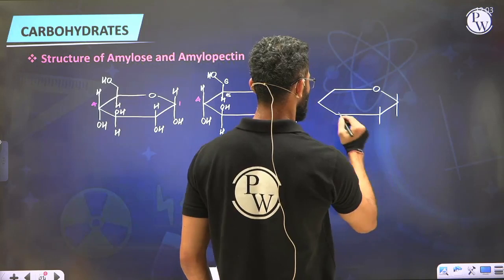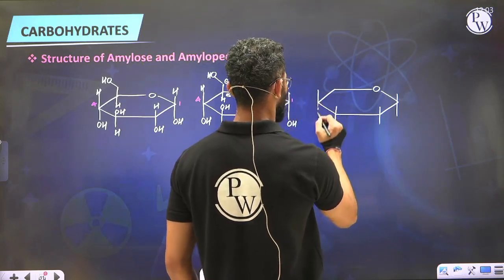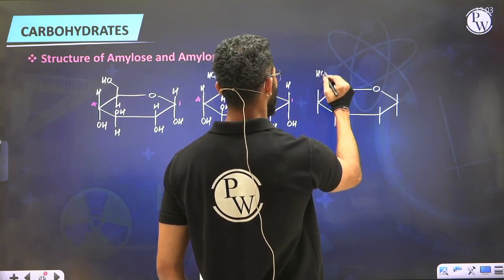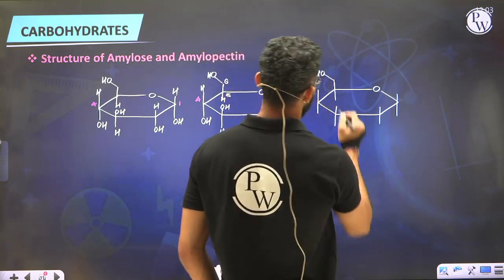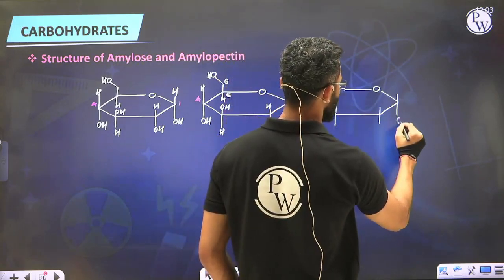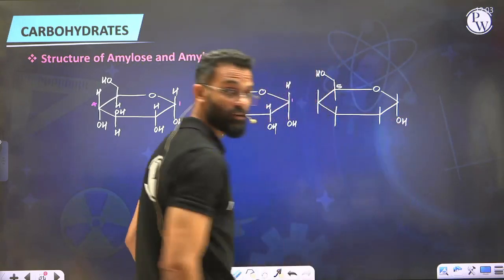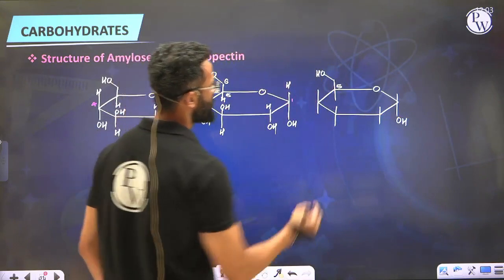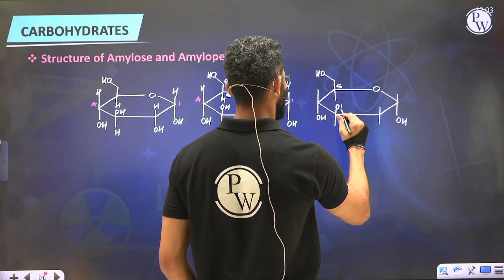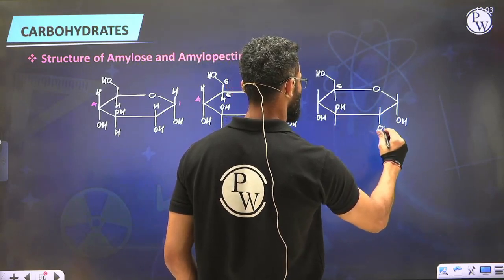One, two, three, 4, 5. That is carbon number 5. Since it is alpha, CH2OH and OH on the opposite side of the plane. And now, right, right, left and right.